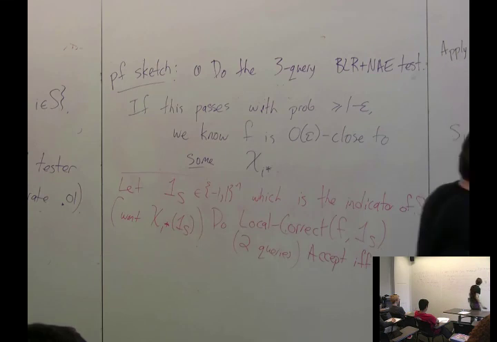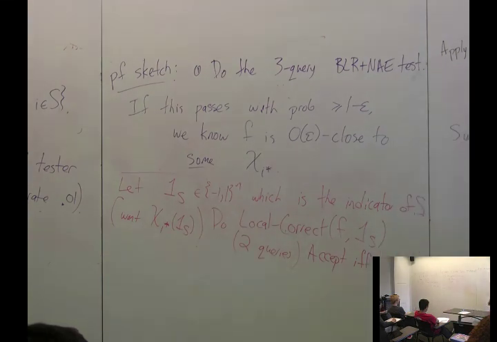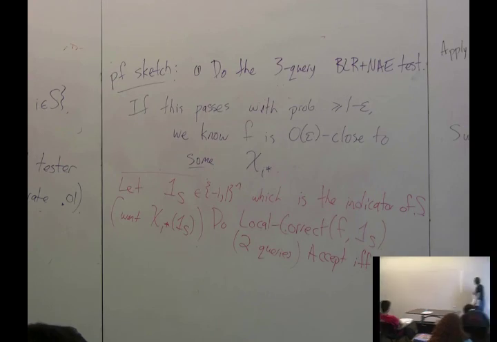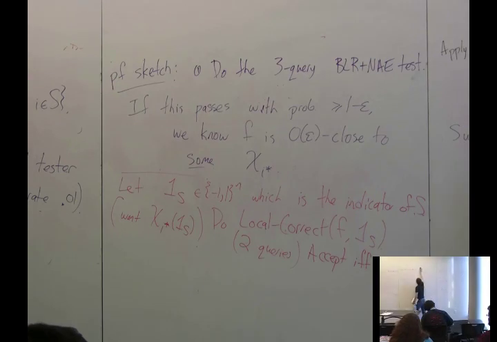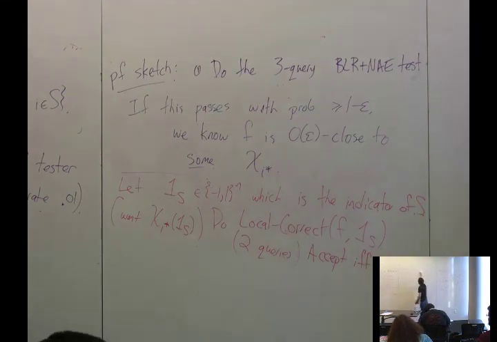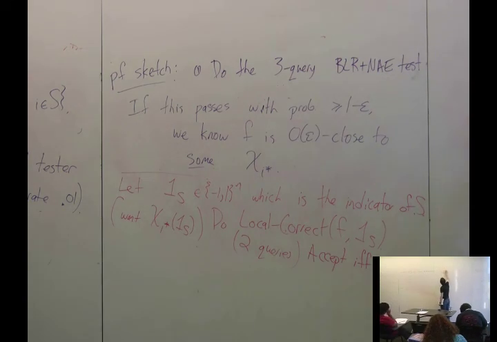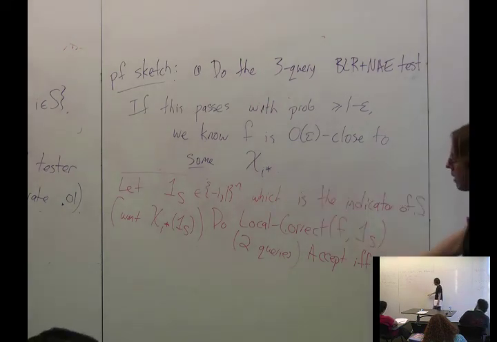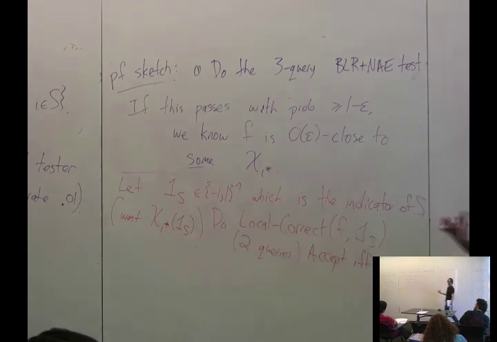And basically this works. If these two tests together pass with probability 1 minus epsilon, then when we use the trick to combine them, to have a 3-query test overall, we know that both components pass with probability 1 minus O of epsilon. So f is close to this dictator, and this answer is, except with probability O of epsilon, equal to the true answer, which exactly tells us if I star is in S or not.